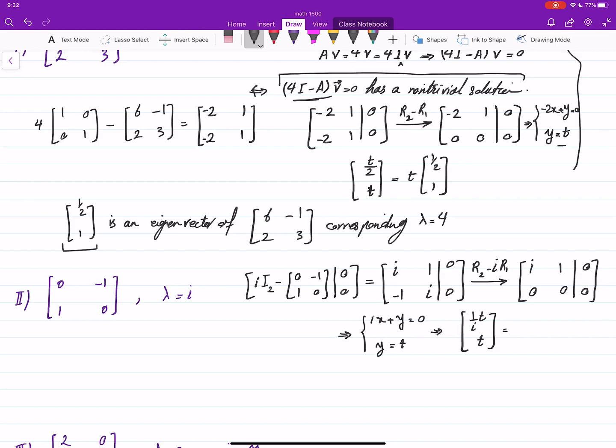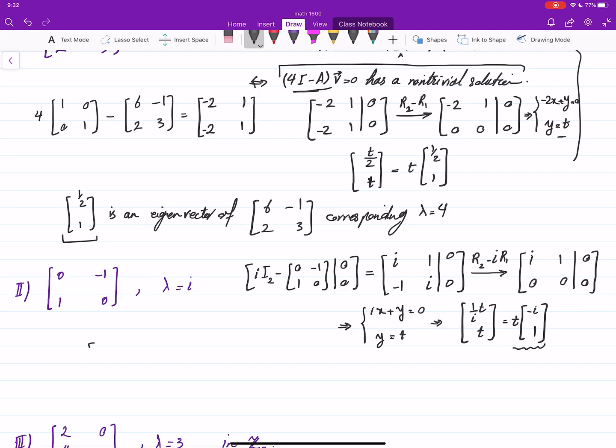Well, you remember that 1 over i, what is the inverse of, sorry, not identity, the imaginary number i? It is negative i times t and t itself. So I can factor that out, and that is what we have. So for all non-zero t, these are going to be eigenvectors of this matrix corresponding to eigenvalue i.